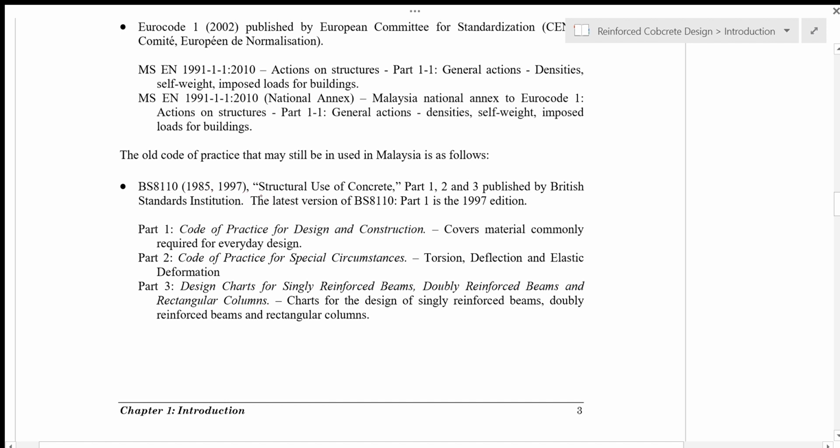This document was used in Malaysia and is still being used by some of the practitioners out there. BS 8110 has 3 parts: part 1, part 2 and part 3. The most used is part 1 of BS 8110.